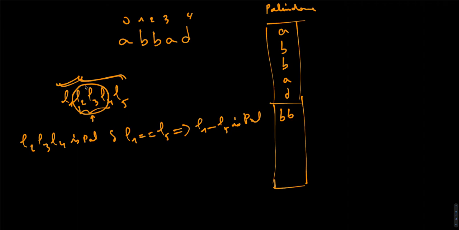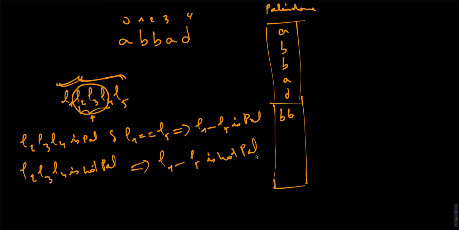And imagine with me that L2, L3, L4 is not palindromic. If L2, L3, L4 is not a palindrome, we can say with confidence that L1 to L5 won't be palindromic. Cool.